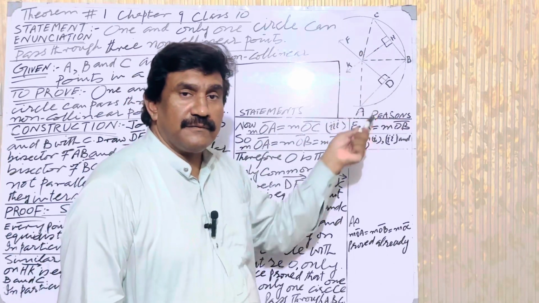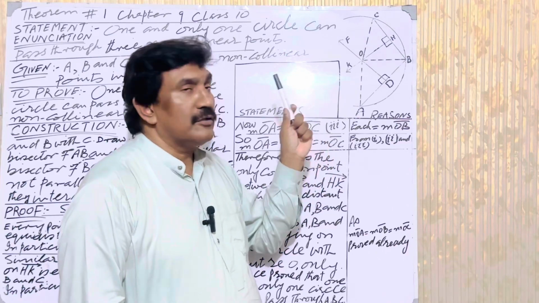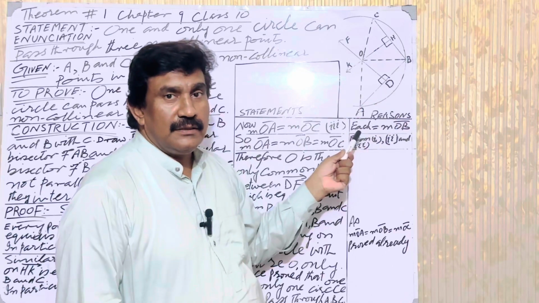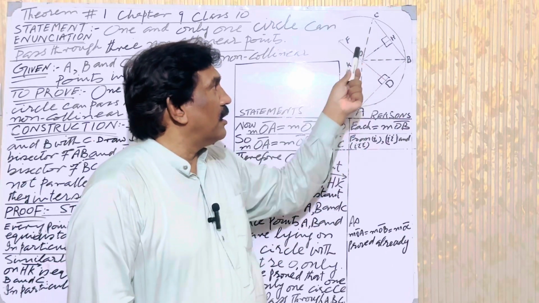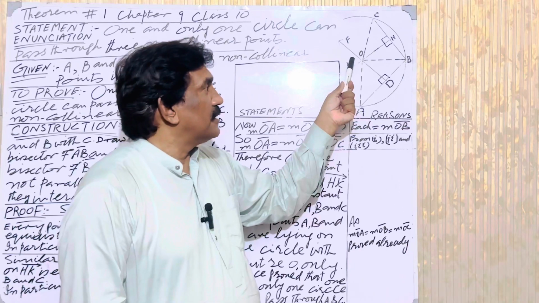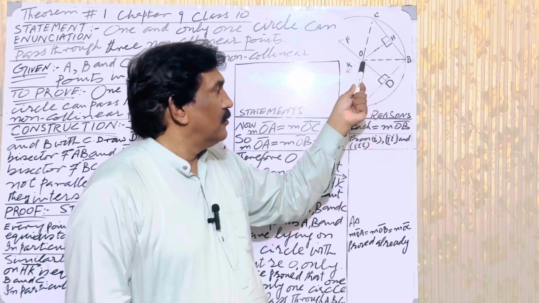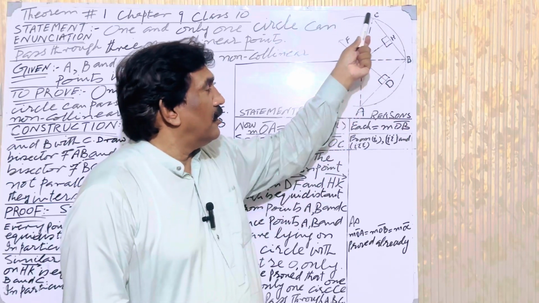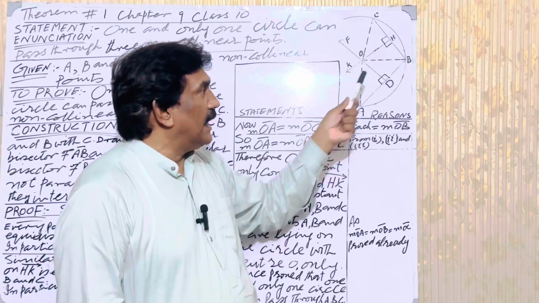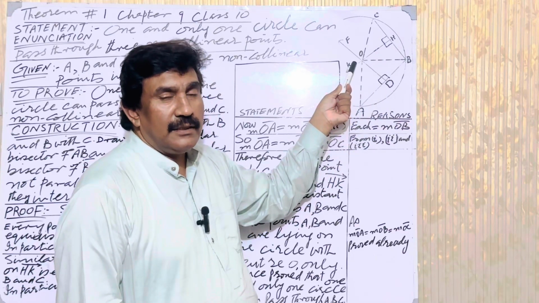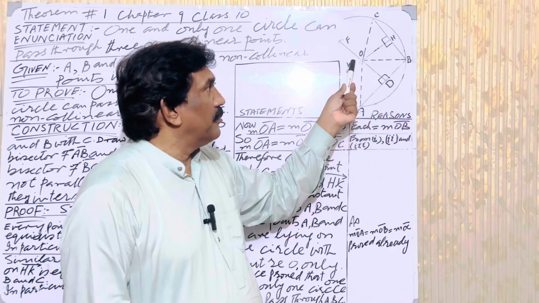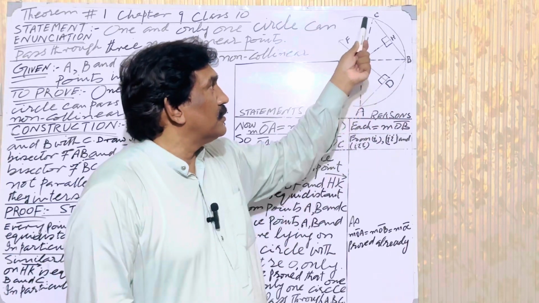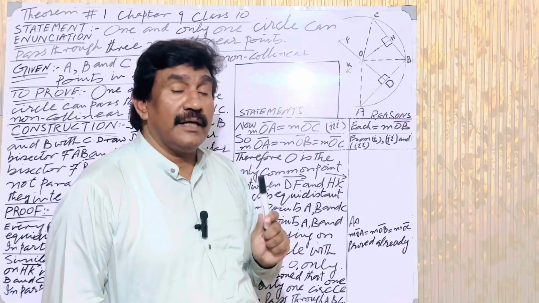Okay, on the circumference of the circle, because according to the property of the circle, any point taken on the circumference will be called a radius from the center. And suppose OB will also be radius, OA will also be radius, OC will also be radius. So any point taken on the circumference and joined with the center becomes a radius. Because OA becomes radius, OB also becomes radius, OC becomes radius, and these radii are all equal.